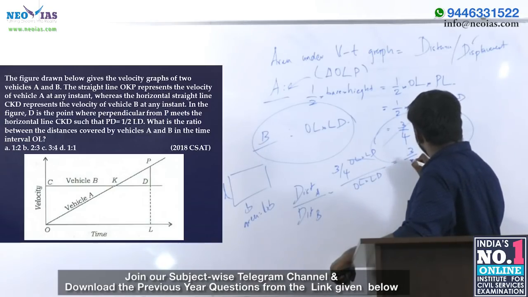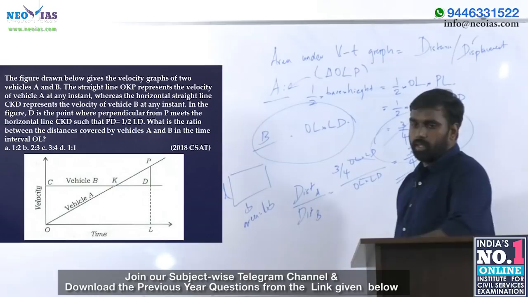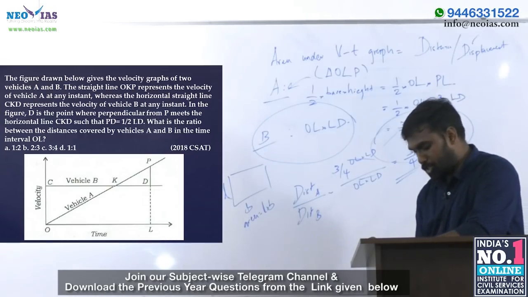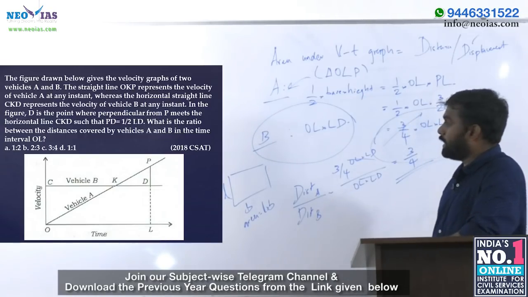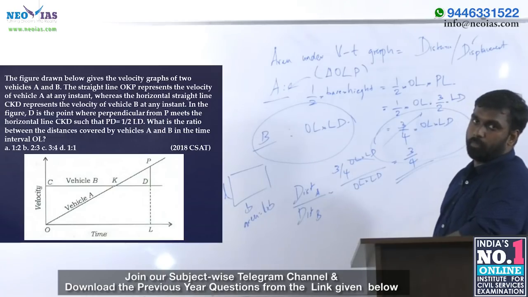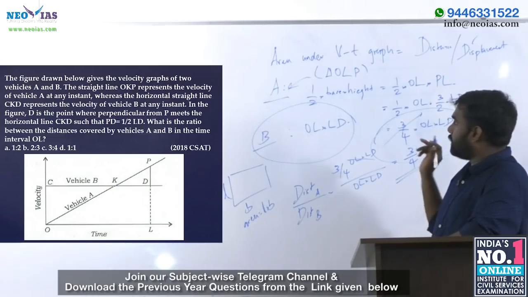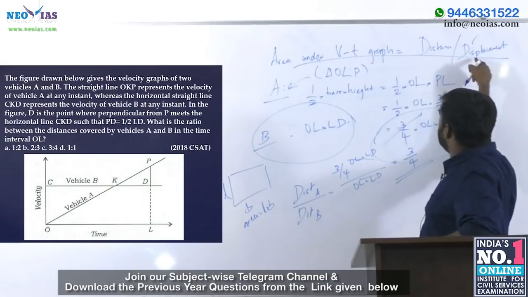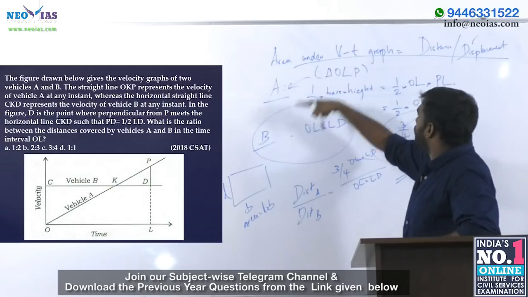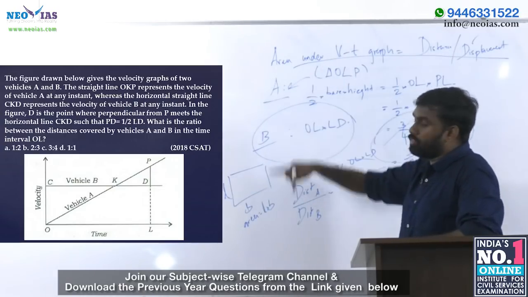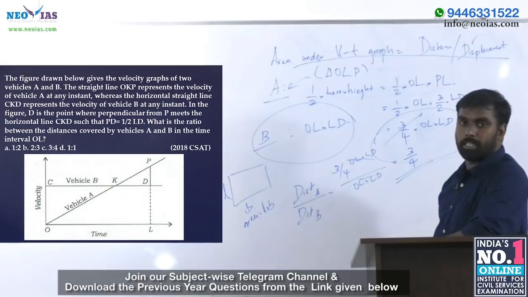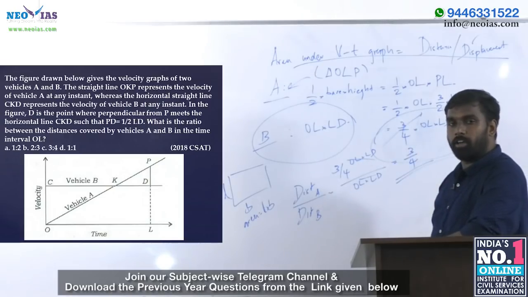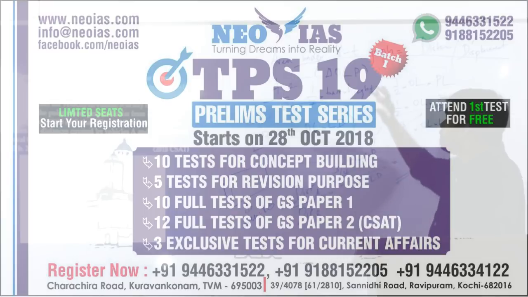So the ratio will become 3 by 4, or 3:4, the ratio of the distances covered by vehicle A and vehicle B. So here the basic idea is that if you need to find out the distance from a VT graph, the area under the curve, the area under the line will give you the distance or displacement corresponding to speed or velocity.